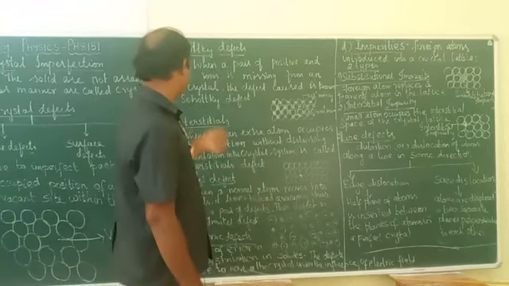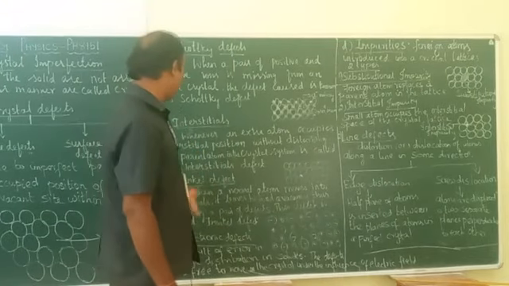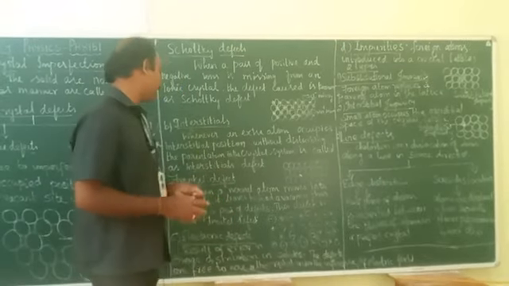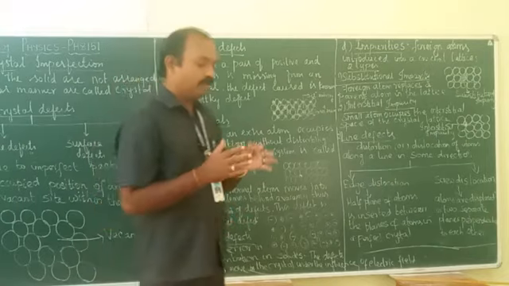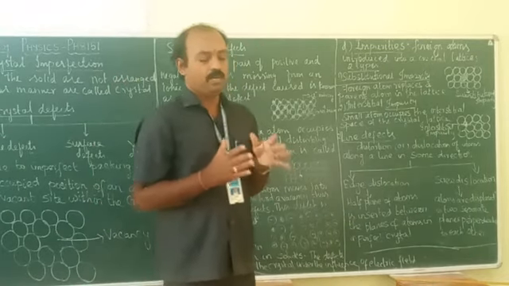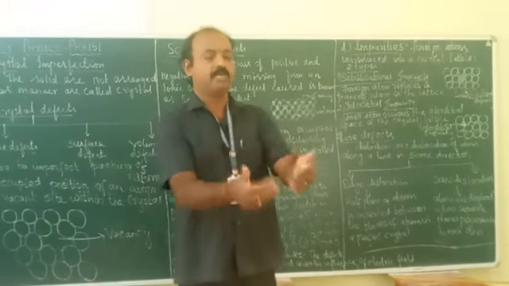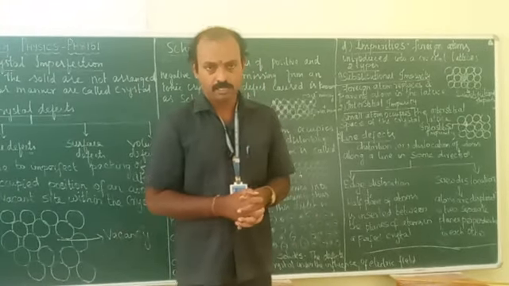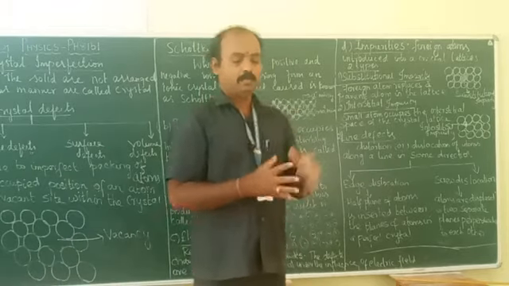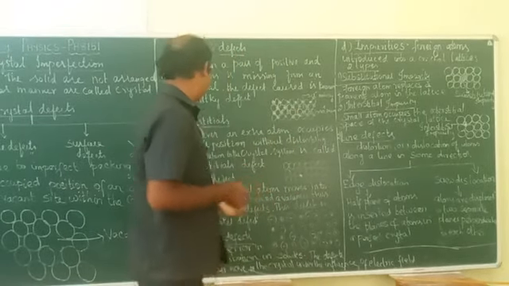The next is the Frenkel defect: when a normal atom moves into an interstitial position, the existing normal atom is displaced from its original position and occupies the interstitial space between two planes. That is a Frenkel defect.